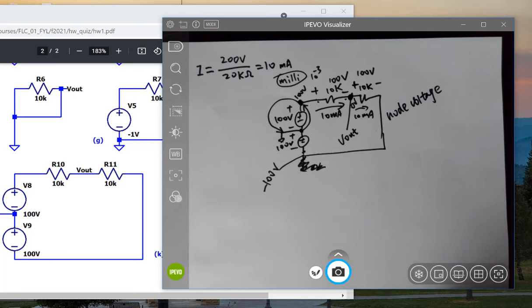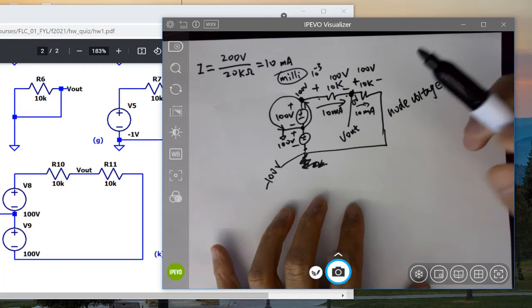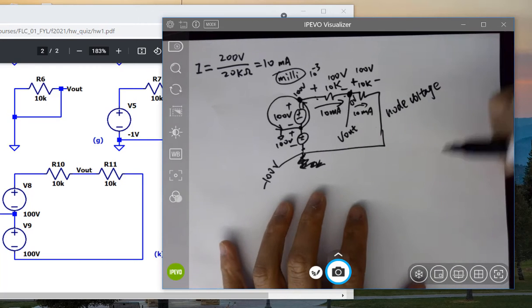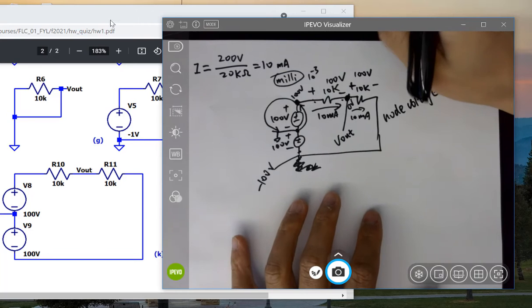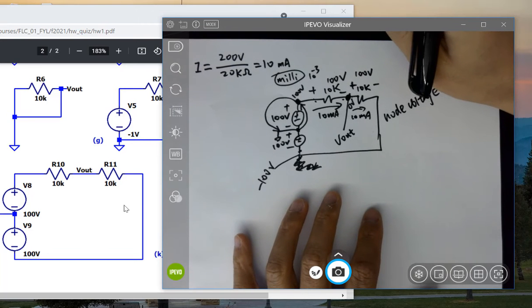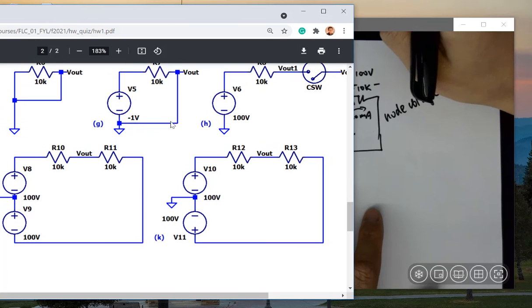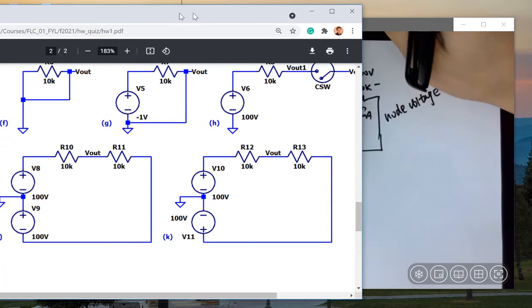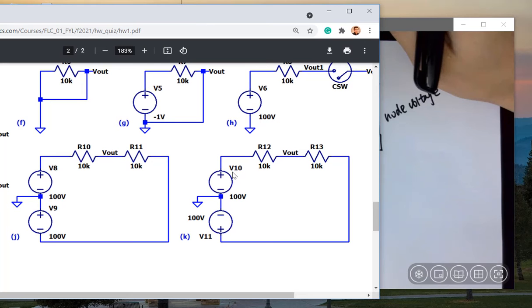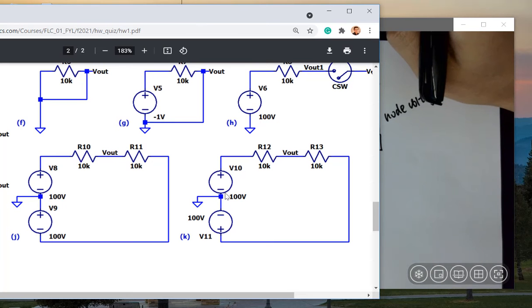I don't think so. No, it's just simply 0 volts. Mm-hmm. Yeah.